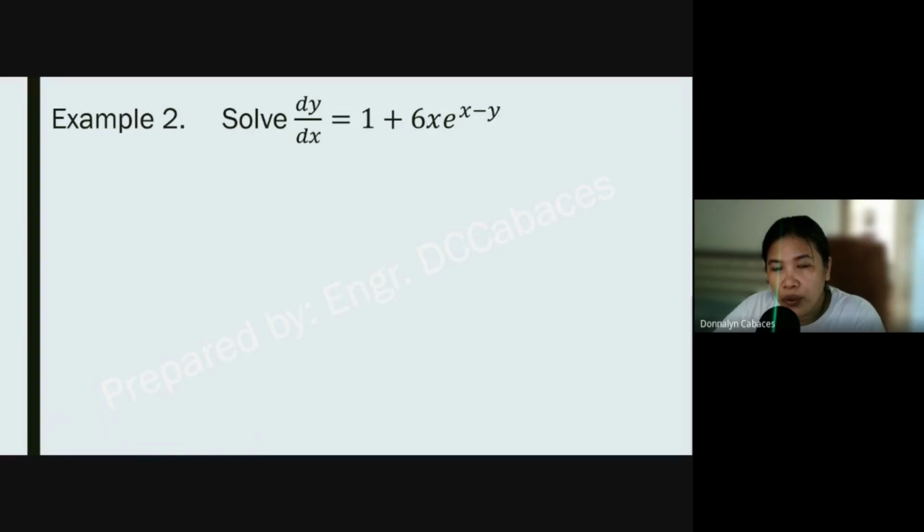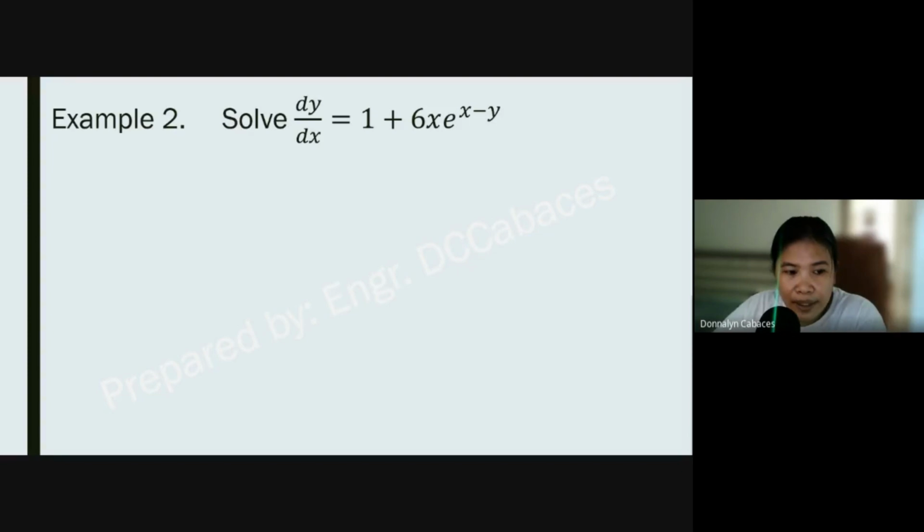So again, if you inspect this to determine the form of this DE, you cannot identify a form of DE for you to provide a solution. And therefore, let us try if we can solve it by obvious substitution. What could be obvious to us here? You have derivative of y with respect to x. You have x and then e to the x minus y.